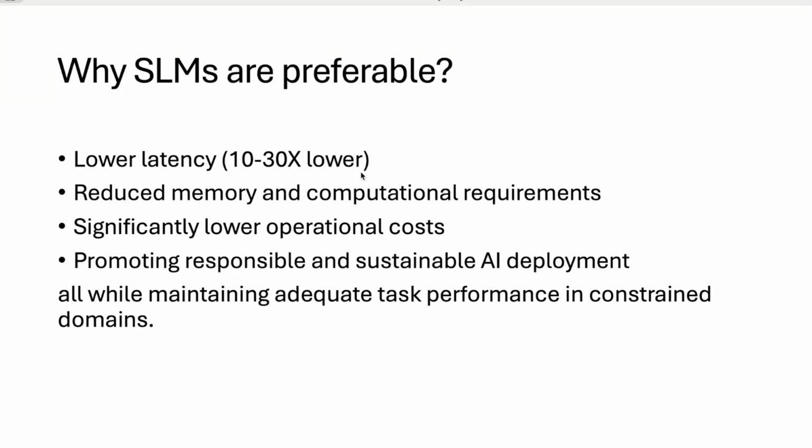There's usually a throttling limit of how many tokens can be processed within a limited time. If you're able to deploy the SLM, the response will be much faster, which means the throttling limit will be much higher compared to large language models.